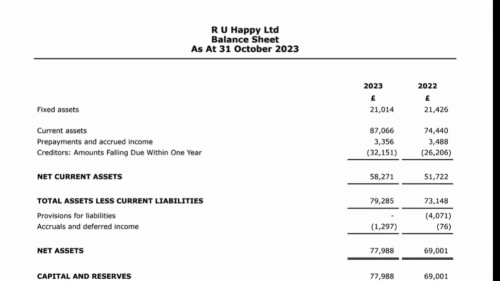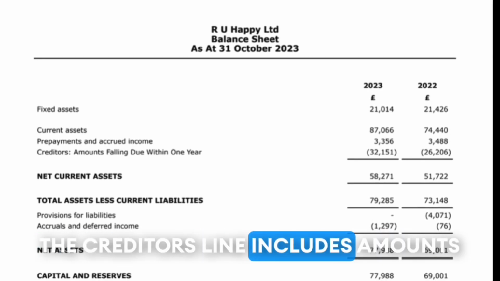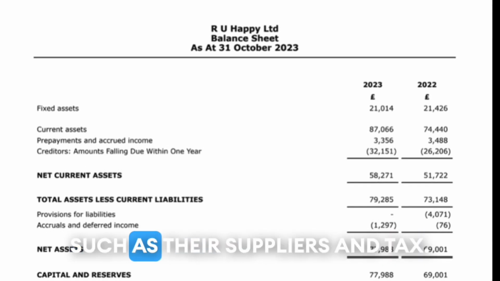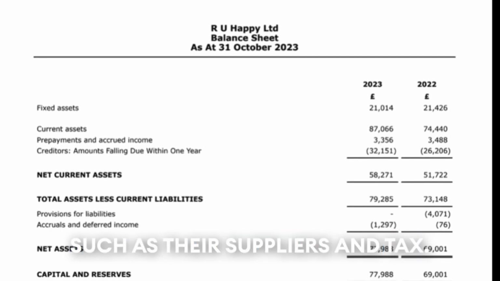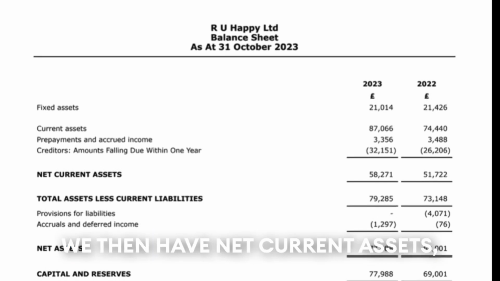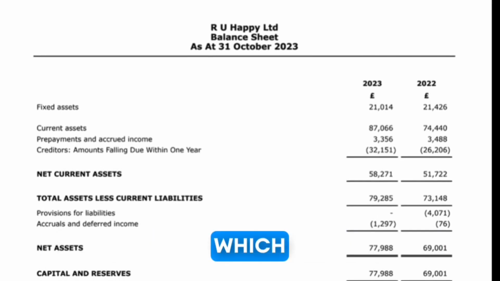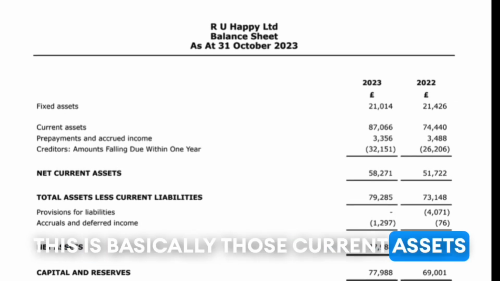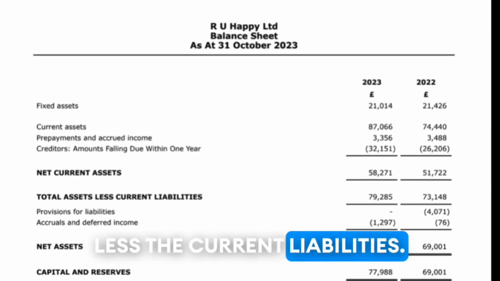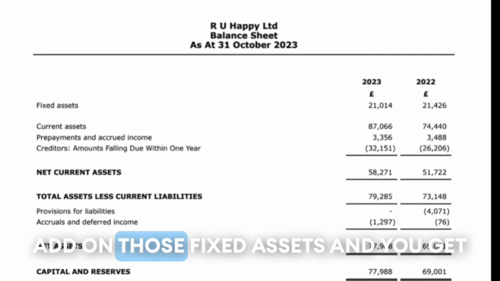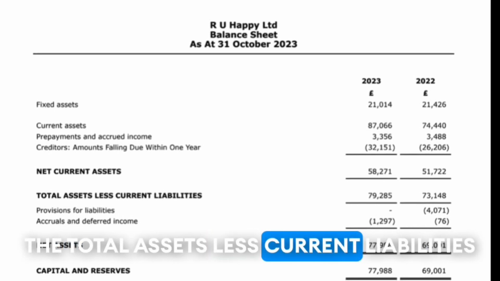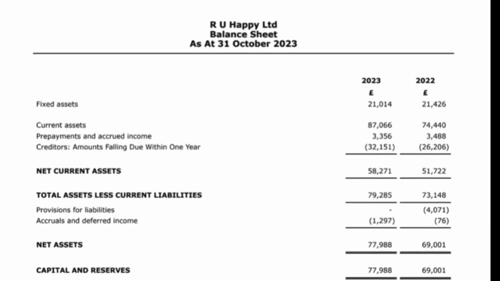The creditors line includes amounts the company is still to pay within a year, such as their suppliers and tax. We then have net current assets, which is often known as working capital, and this is basically those current assets less the current liabilities. Add on those fixed assets and you get the total assets less current liabilities figure there.